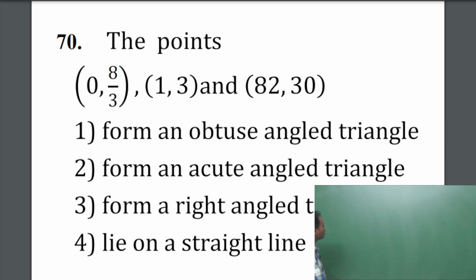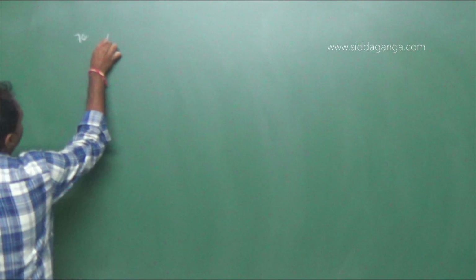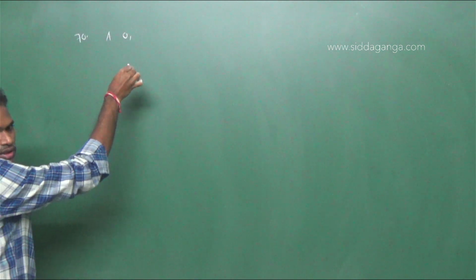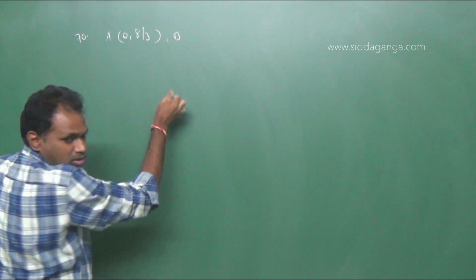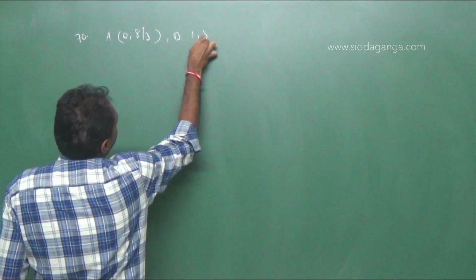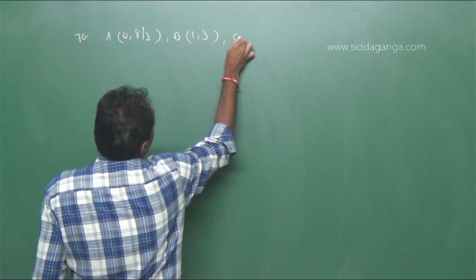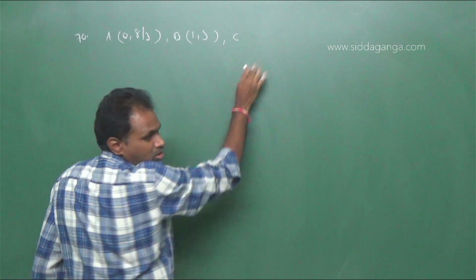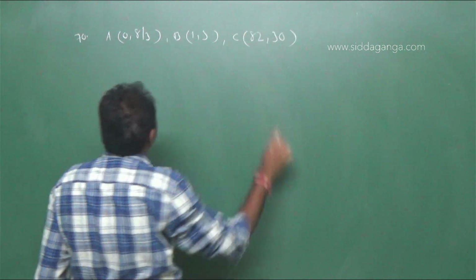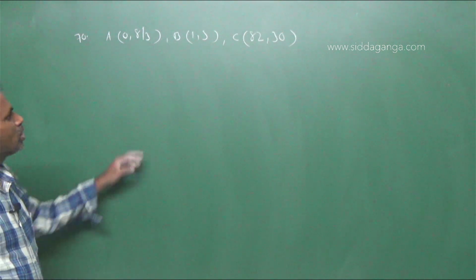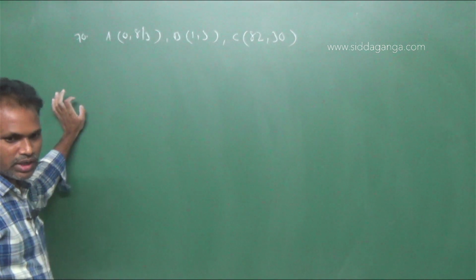Here 3 points are given: A (0, 8 by 3), second point B (1, 3), and third point C (82, 30).